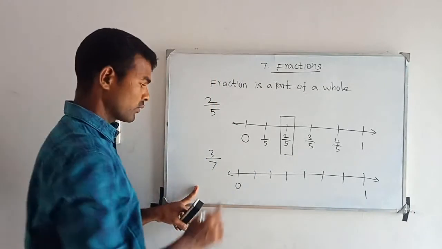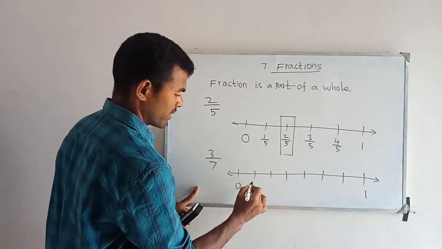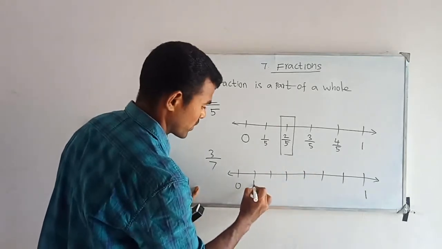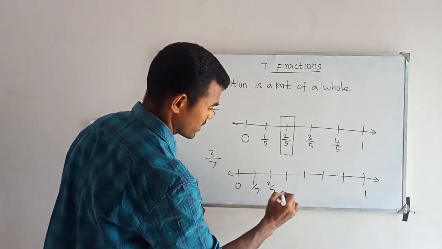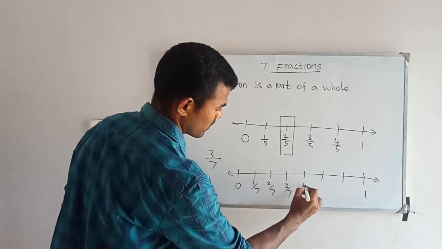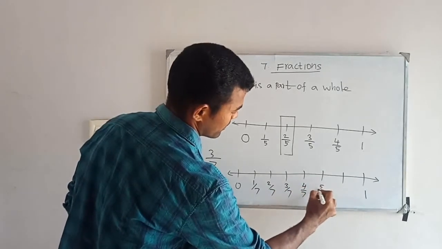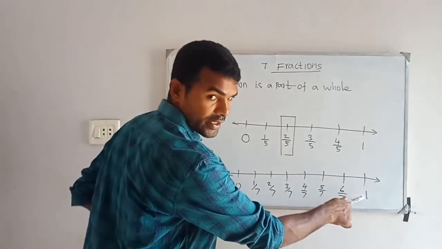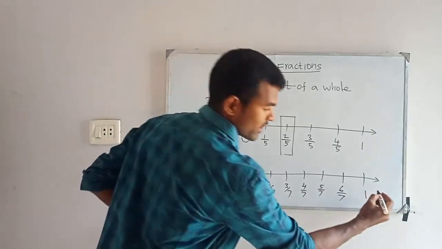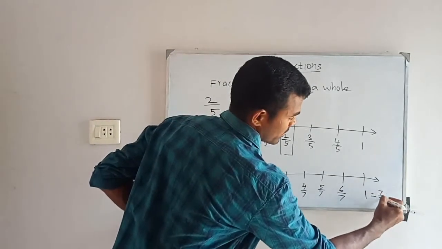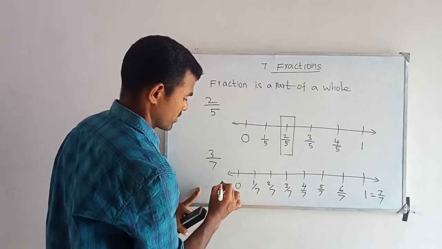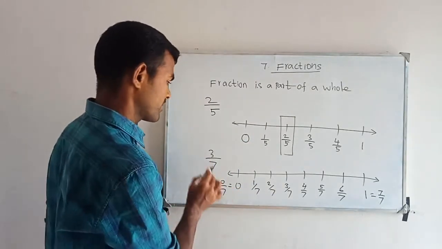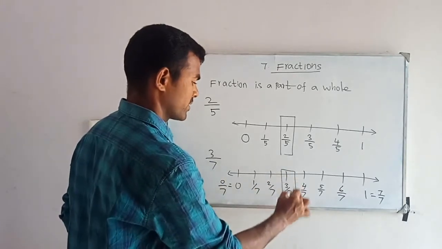Now in between 1 by 7, 2 by 7, 3 by 7, 4 by 7, 5 by 7, 6 by 7. 7 by 7 equal to 1. And this is 0 by 7. So where is 3 by 7? 3 by 7 is this.